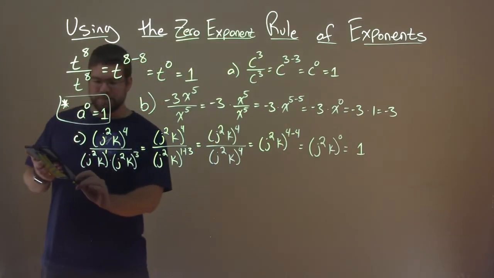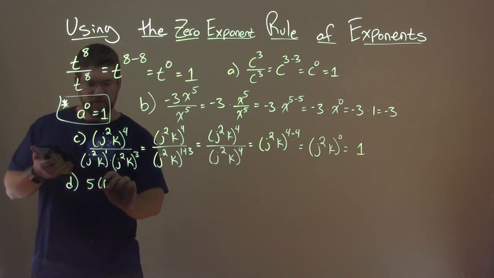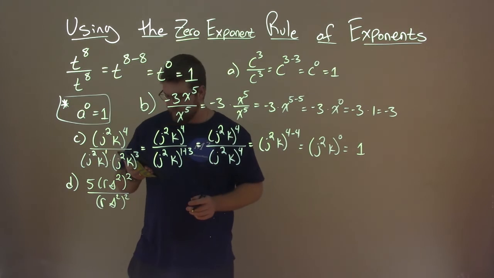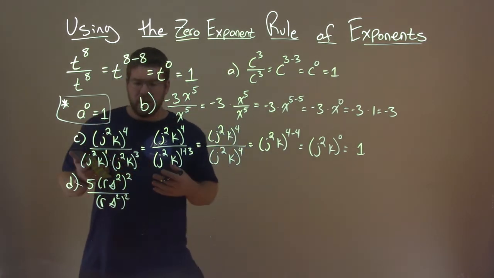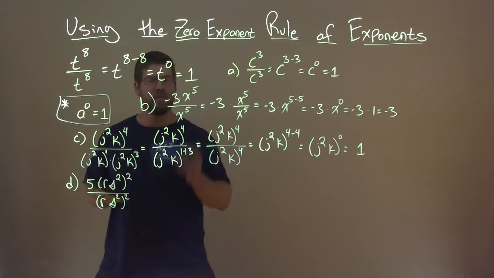Let's get through our last one. D. 5 times rs squared, don't judge my s's, all to the second power, all over rs squared all to the second power. So we want to apply our rules here to see what this simplifies to, and we'll get to the zero exponent rule.